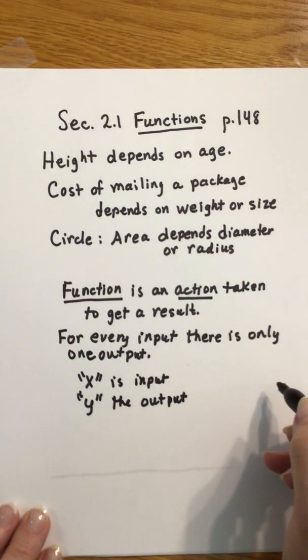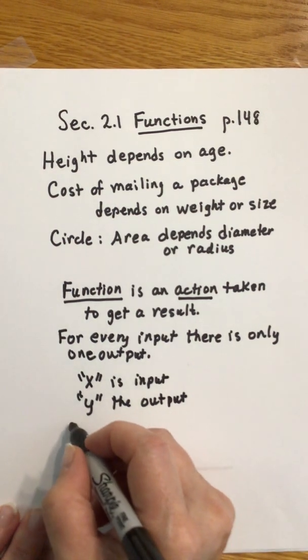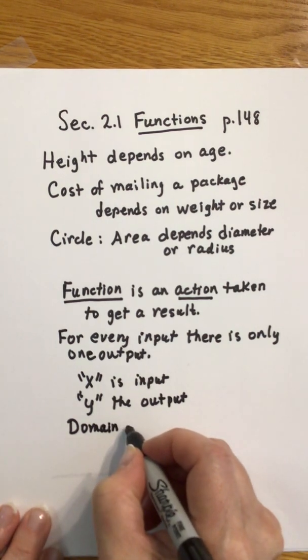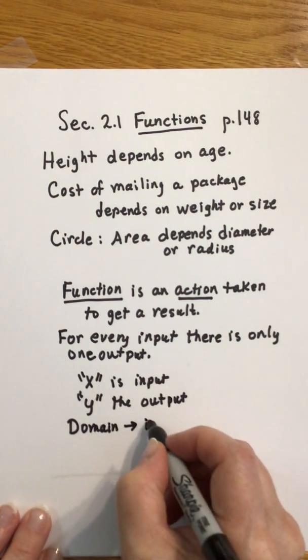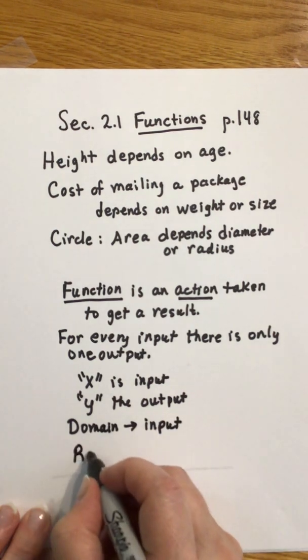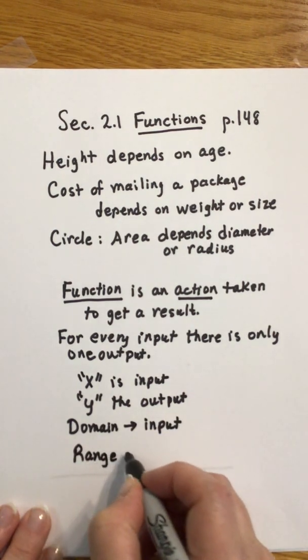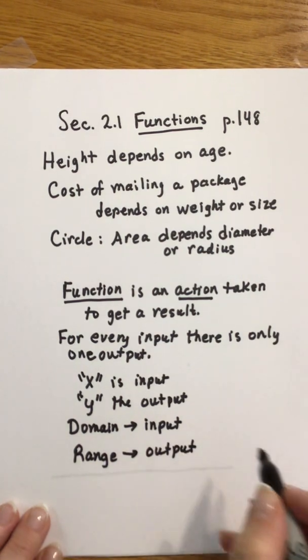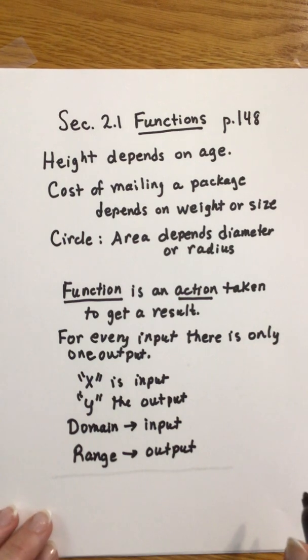Well, you can also hear it for every X there's only one Y. So we call domain the input, and we call range the output. Give everybody a chance to catch up to this point first.